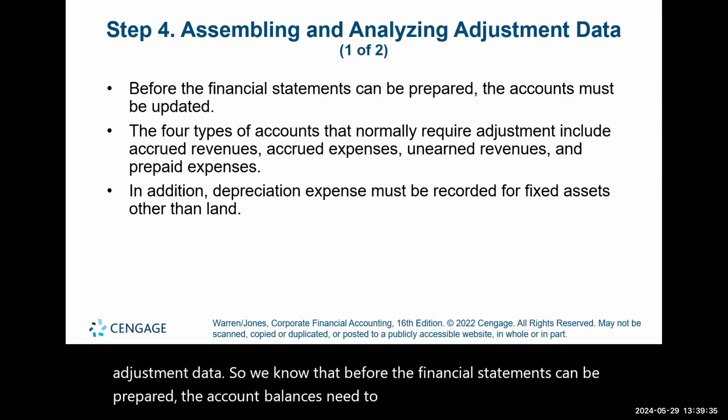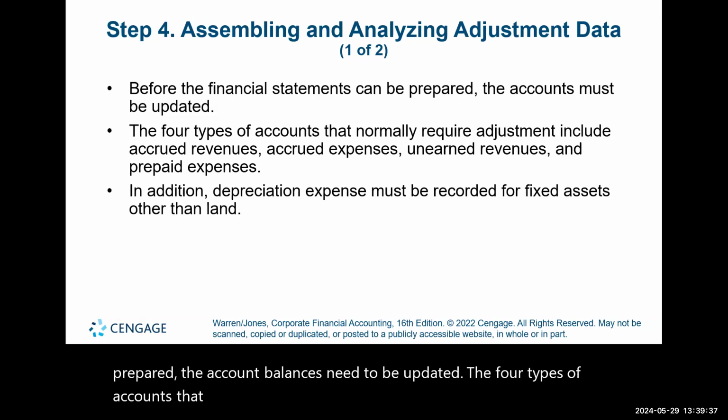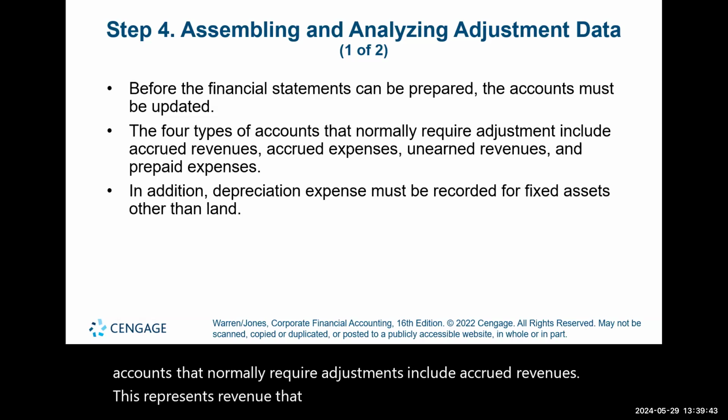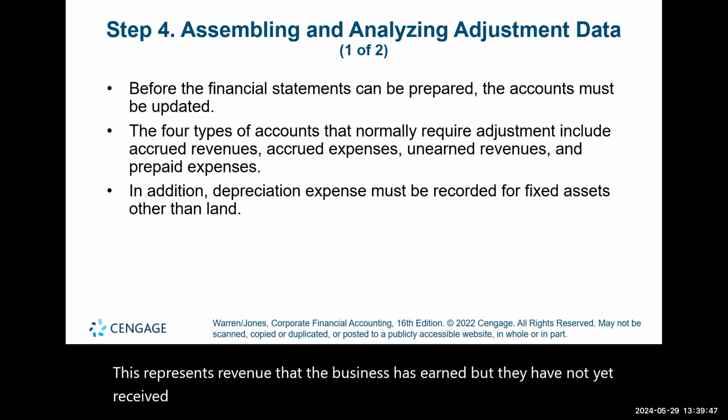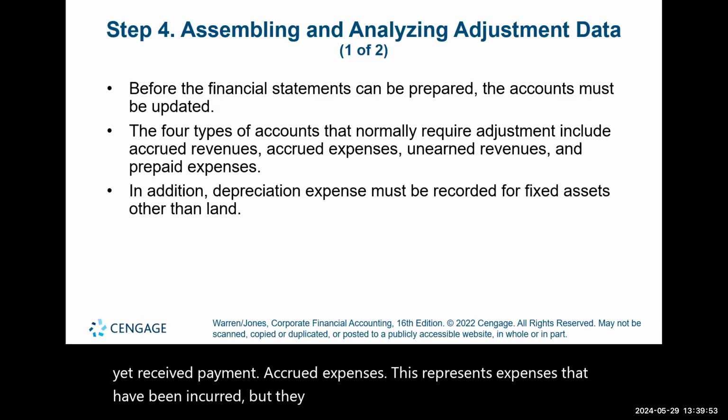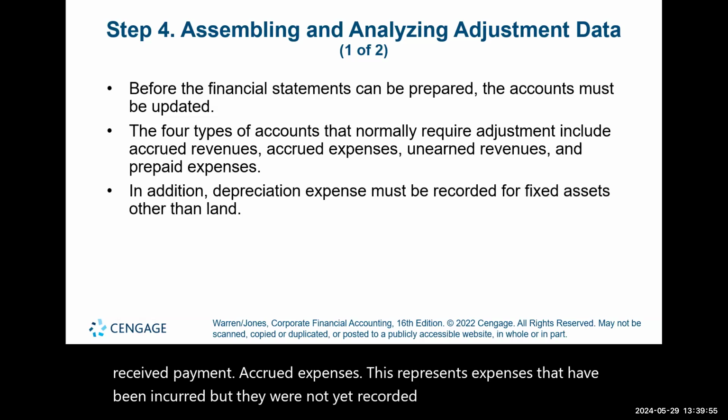The 4 types of accounts that normally require adjustments include accrued revenues. This represents revenue that the business has earned, but they have not yet received payment. Accrued expenses, this represents expenses that have been incurred, but they were not yet recorded or paid for.